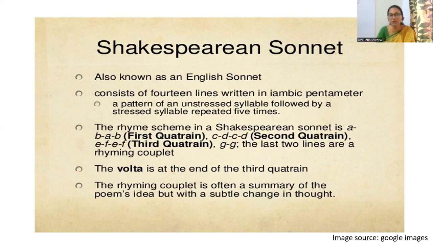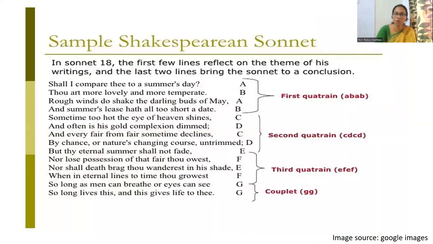It invites the reader to conclude, or invites the reader to the solution to the problem, and that is known as the volta. The rhyming couplet is often a summary of the poet's idea, but with a subtle change in thought. That change in thought is introduced by the end of the third quatrain, which we call a volta.